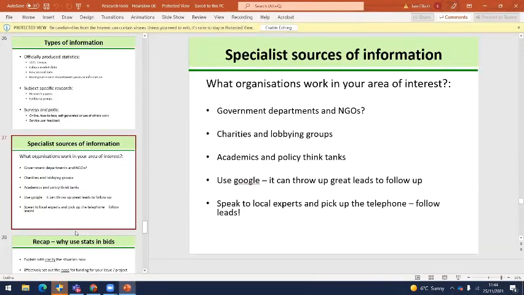A lot of times people write in their bids things like, it has been reported, or it is obvious, or it has been said. That's not really good enough, because you might have seen the information, but there needs to be a source for it. So it's either an academic, a government department, an academic institution, a university, possibly a think tank.